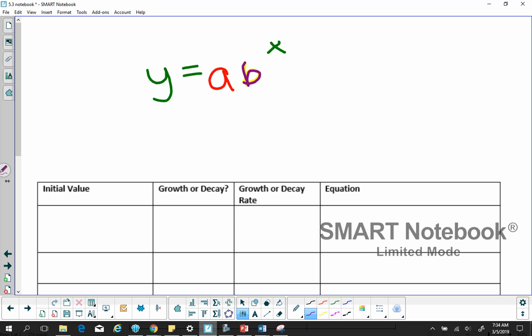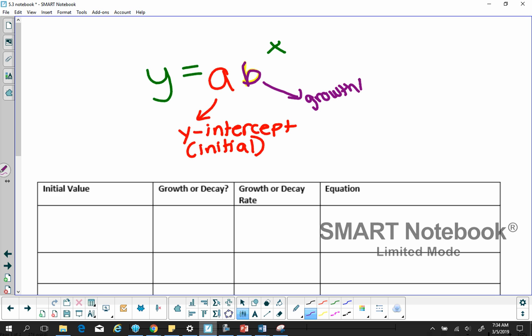So what does A represent in general? The y value in your y-intercept. It's also your initial value. This should be a review from yesterday. Your B is your growth or decay factor. If you're writing this on your notes.